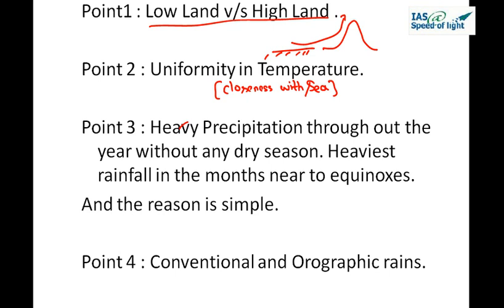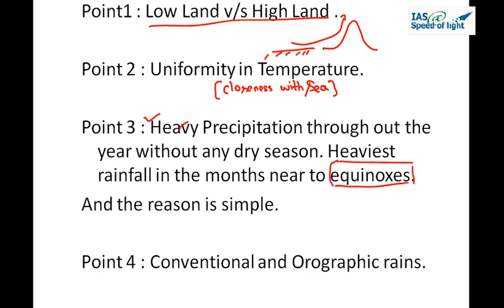Point 3, heavy precipitation throughout the year without any dry season. We have already discussed that there has to be a good rainfall throughout the year, so there is no dry season. We have to keep this in mind. Point 4, heaviest rainfall in the months near the equinoxes. The reason is simple.